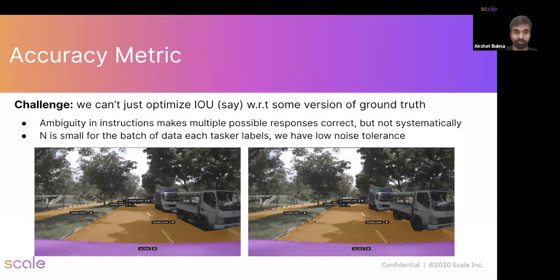And also, the batch of data that every tasker is labeling is really small compared to an ML model, where the model gets a huge batch of data and a lot of noise is averaged out. We actually have very low noise tolerance because we have to infer if people are correct or not from just a small batch of data.